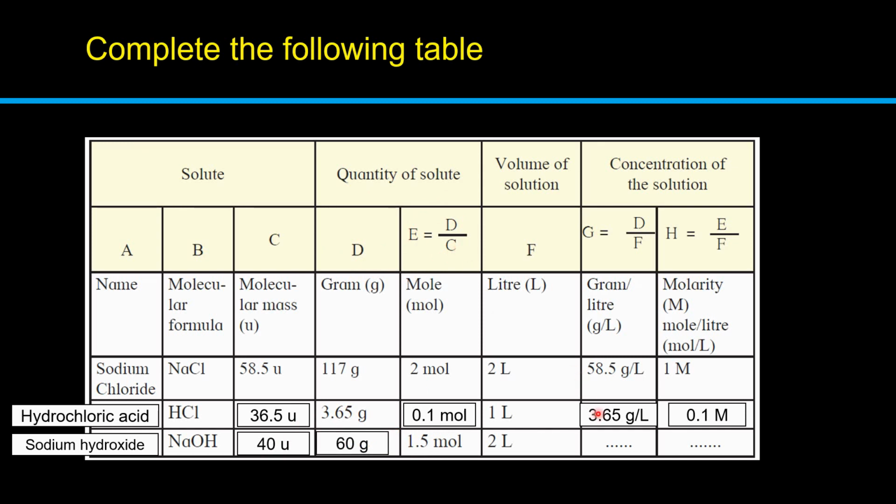Then the value of G and H we have to calculate. The value of G is D upon F, which we will get 30 grams per liter here. And the concentration in terms of molarity, that is H, is equal to E upon F. Calculating, we will get the value of 0.175 molar. That is 1.5 upon 2. It gives you 0.75.